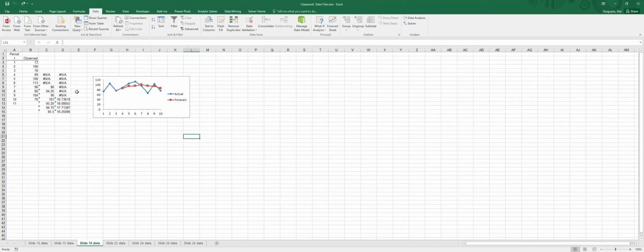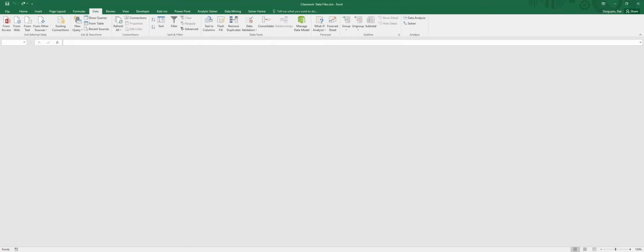Let me just do this again. In fact, don't save it, pull it back up again, and then share. I have to open this classwork data files. And I'll go to slide 16 data.